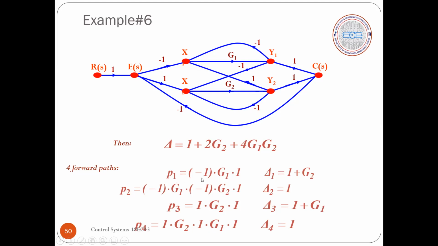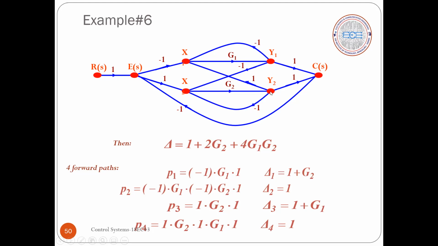P1 is equal to minus 1 G1. P2 is equal to minus 1 G1 minus 1 G2. P3 is 1 G2 1, P4 is 1 G2 1, G1 1.